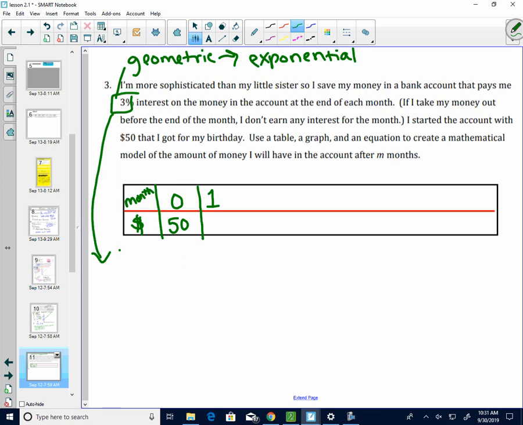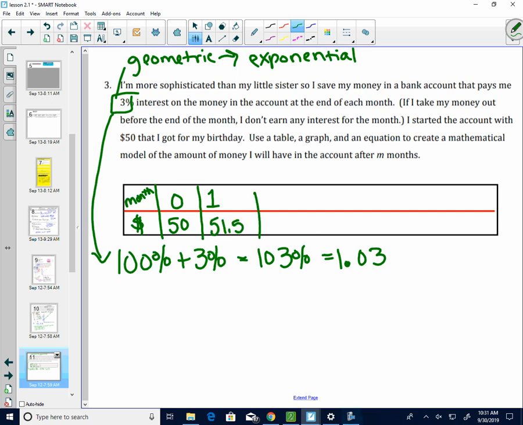They're paying her, that means she's taking 100% of that $50 she started with, plus they're adding 3%. So to find the first month, you're actually going to have 103%, which turned into a decimal is 1.03. So 50 times 1.03 is $51.50.